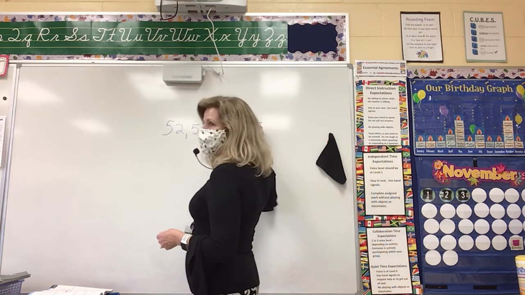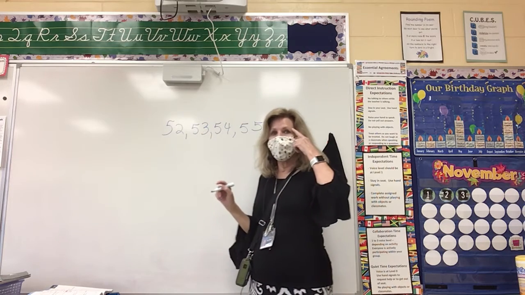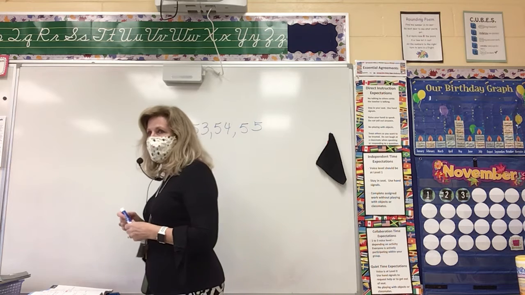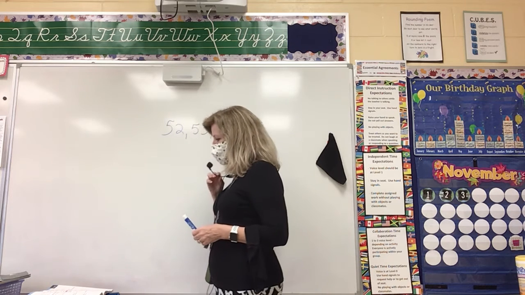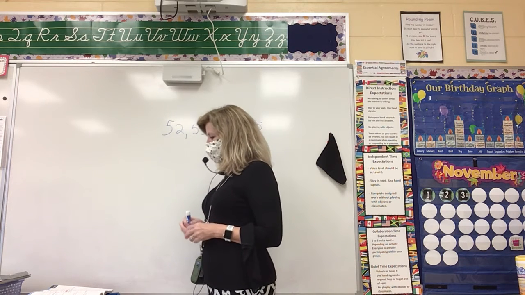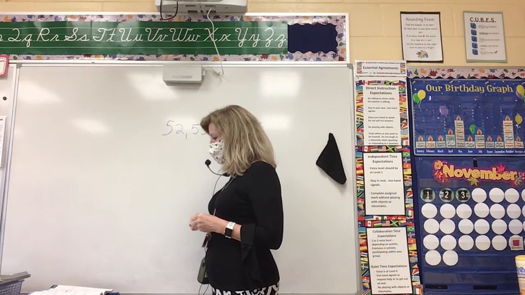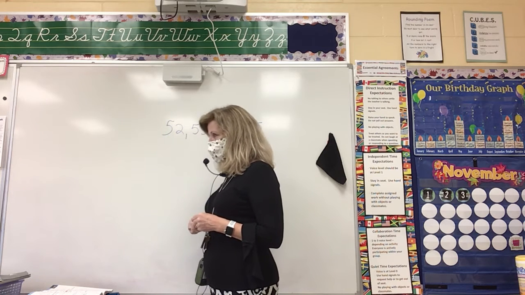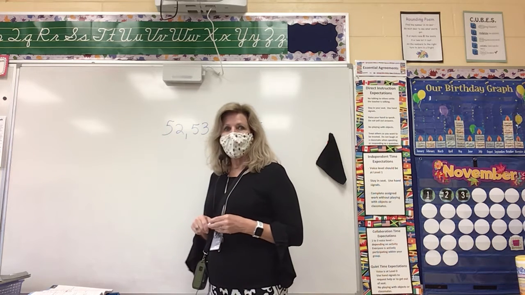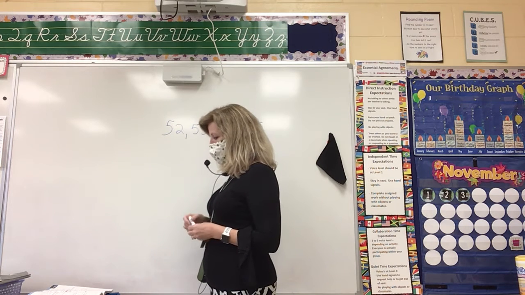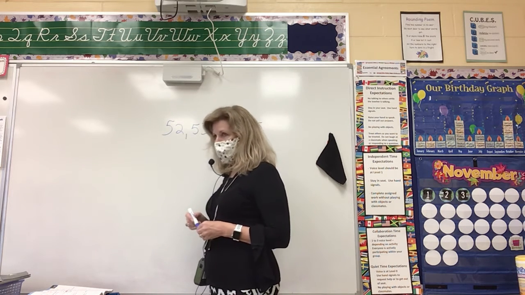Was there anyone that did not get those? All right, number 15, Juliana, what did you get? I got 26, 27, 28, 29. Very good. Connor, number 16. 78, 79, 80, 81.